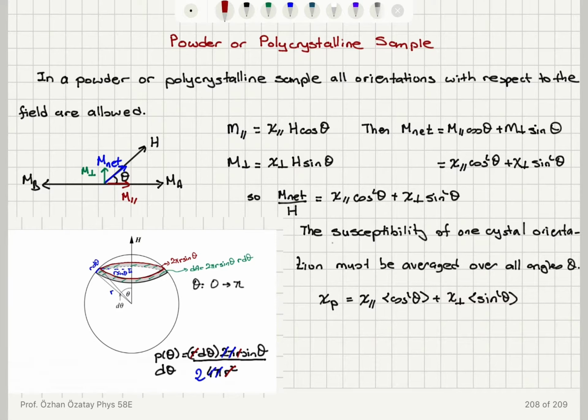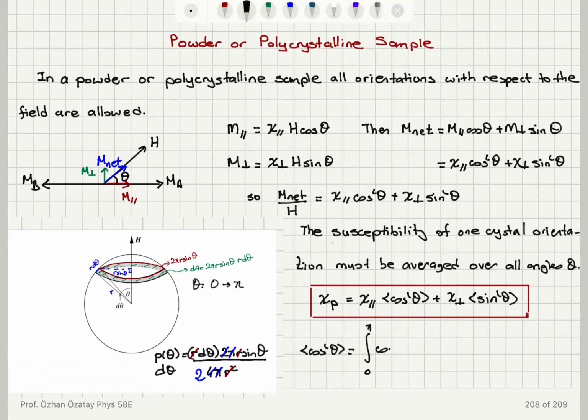So we need to calculate the average values of cosine square and sine square theta in order to get the powder susceptibility. Now, how do I calculate the average value of cosine square theta? The average value of cosine square theta is the integral over all possible theta values from 0 to pi of cosine square theta multiplied by the probability of having that angle theta, d theta.